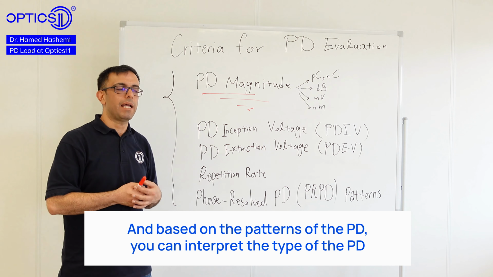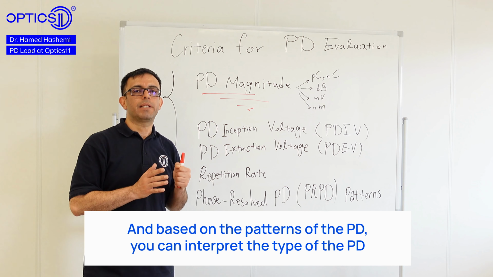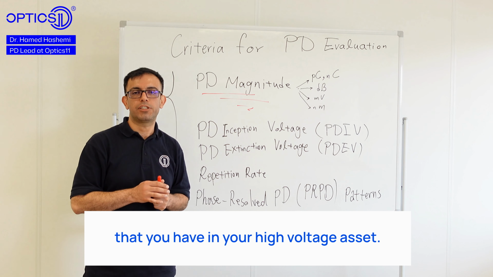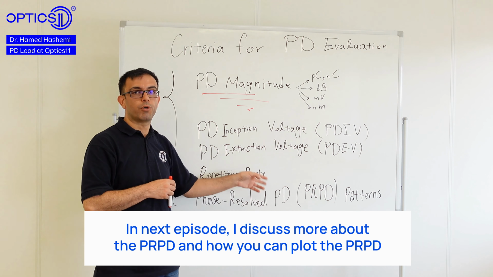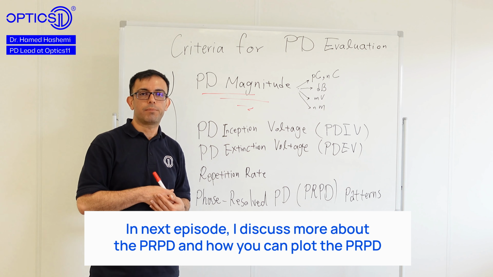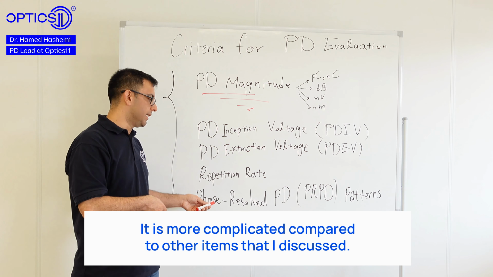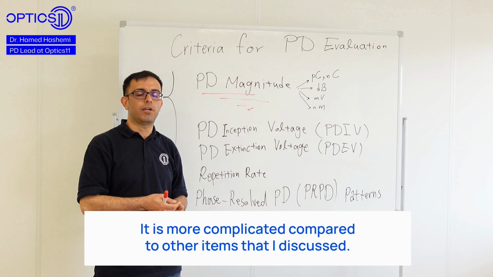And based on the patterns of the PD, you can interpret the type of the PD that you have in your high voltage asset. In the next episode, I discuss more about the PRPD and how you can plot and interpret it. It is more complicated compared to the other items that I discussed.